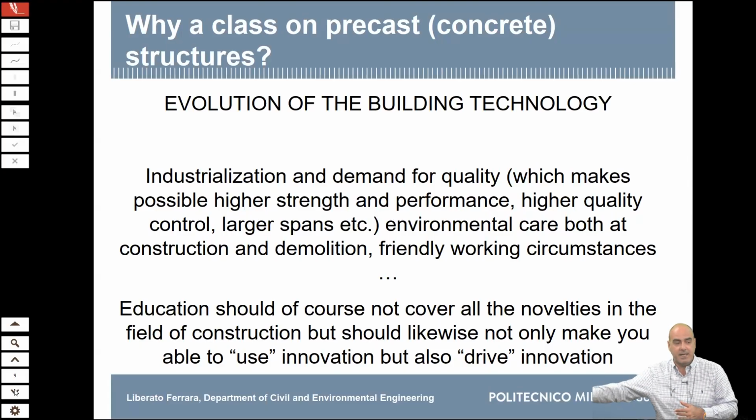Think that in 30 years from now, somebody else will come, not because that building is no longer fit for the purpose, but because the needs of the owner have changed and he wants to reshuffle and so on. So the issue is that those elements can be reused, but in which way? Who is going to take the legal responsibility as a designer to take those elements, assess their performance and reuse them? Because he cannot say, oh, I used that because somebody else 30 years ago signed that.